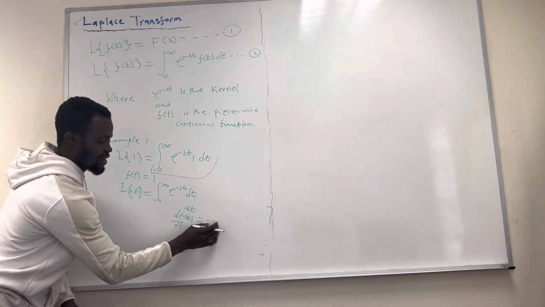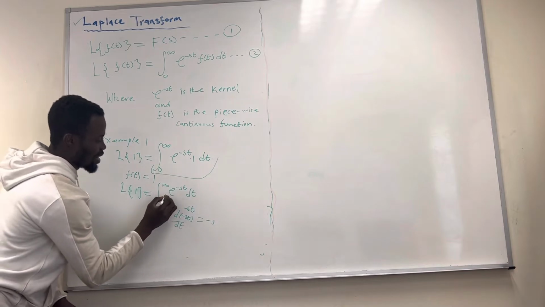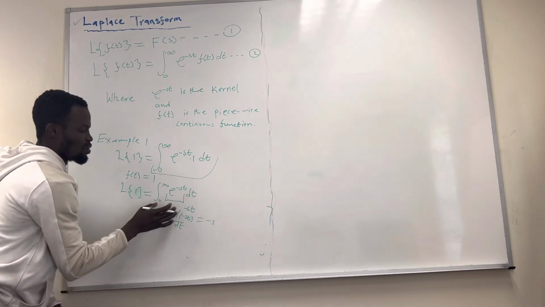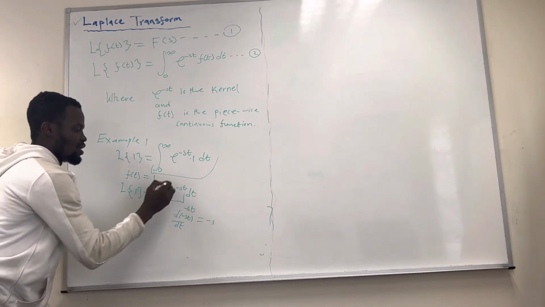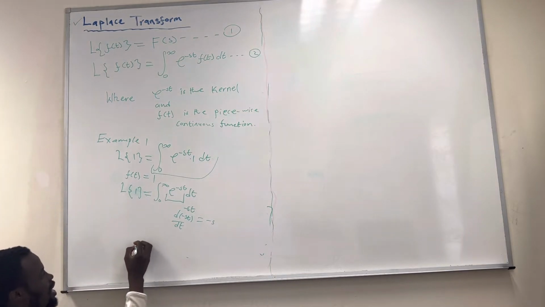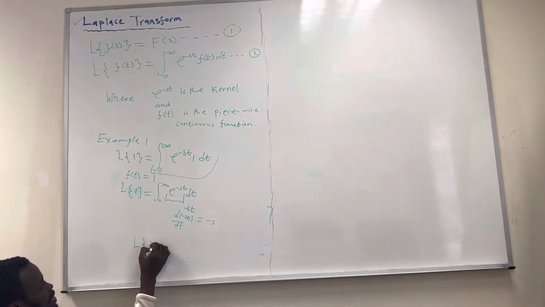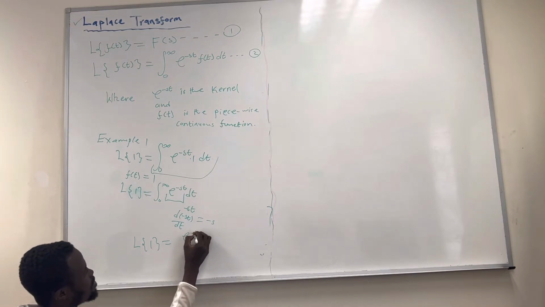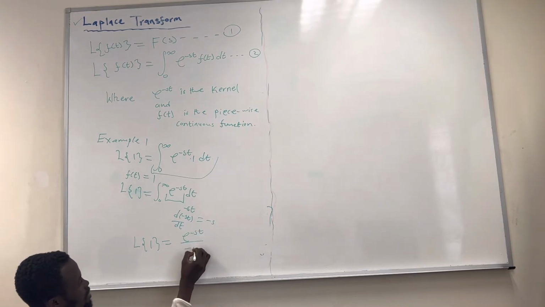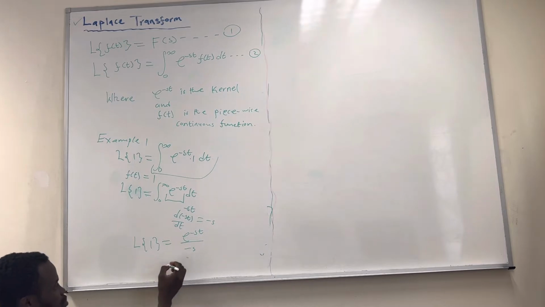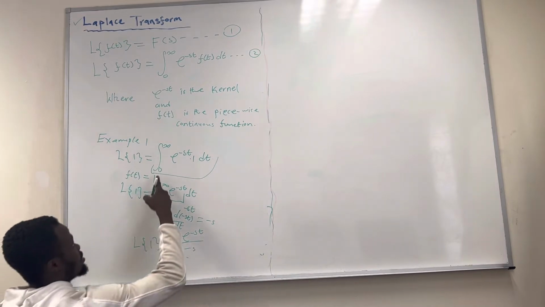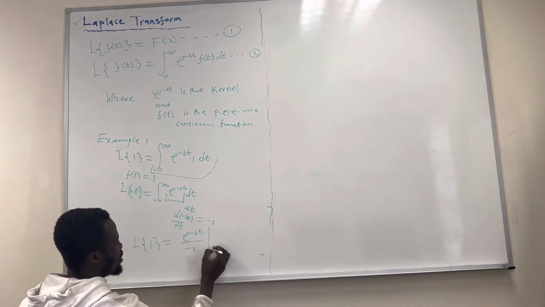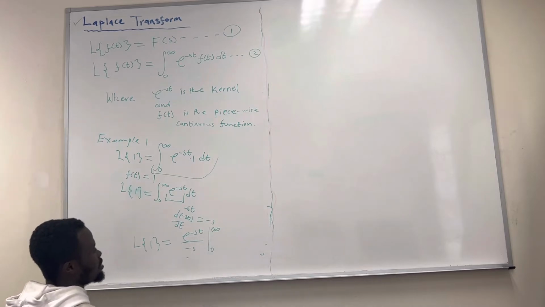So this negative s you get, just divide it by this whole function. That becomes the answer for this whole integral. So now we have the Laplace of 1 equal to e to the negative st over negative s. Don't forget your limit, from 0 to infinity.